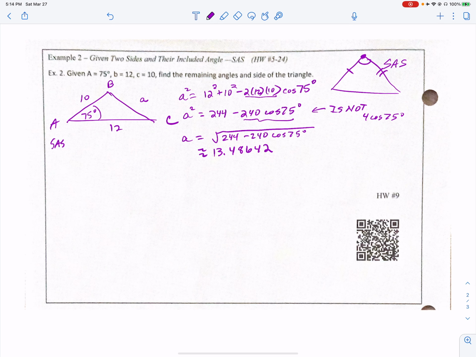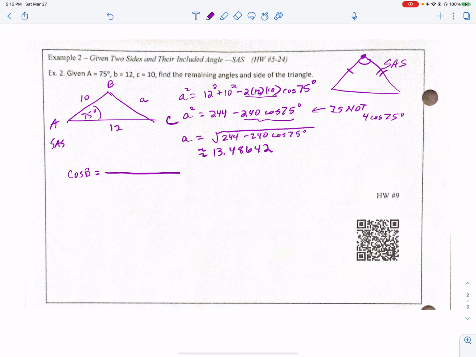It's just because sometimes if you switch to law of sines, you can hit the ambiguous case. So anyway, I'm going to just use the law of cosines where I've got cosine of B. So I'm going to find B.